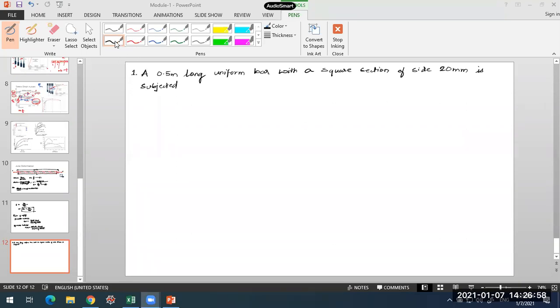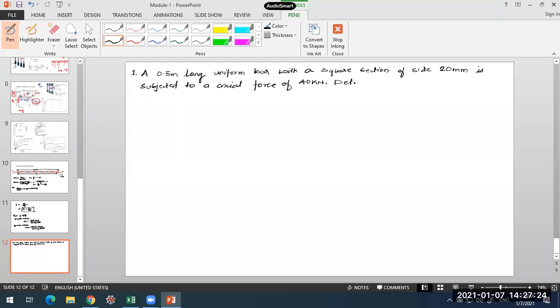It is subjected to an axial force of 40 kilonewtons. Determine the tensile stress, deformation, and axial strain induced in the bar.